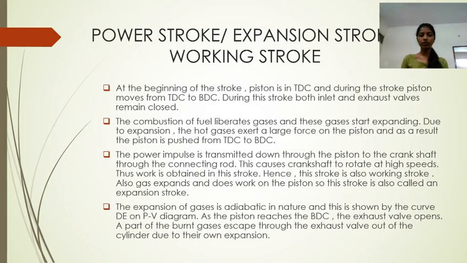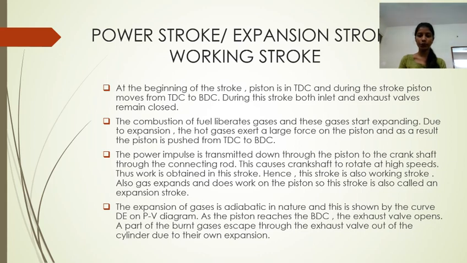The third one is the power stroke, also called the expansion stroke and the working stroke. At the beginning of the stroke, the piston is at TDC, and during the stroke, the piston moves from TDC to BDC. During this stroke, both inlet and exhaust valves remain closed. The combustion of fuel liberates gases, and these gases start expanding.